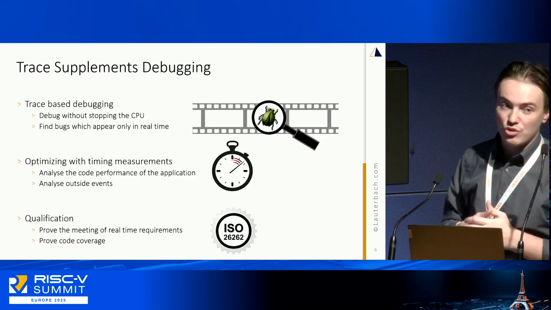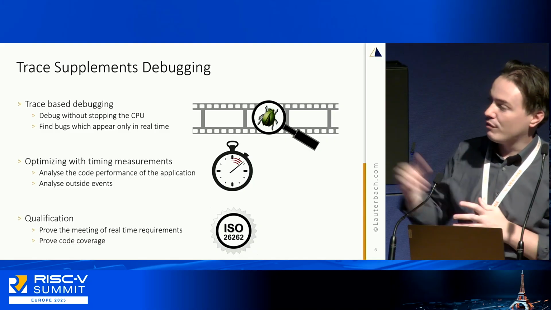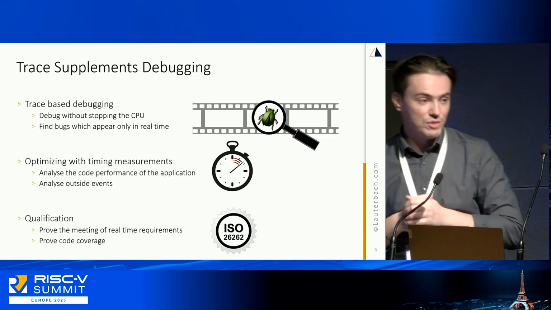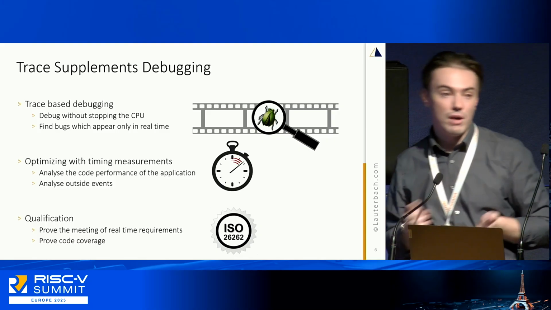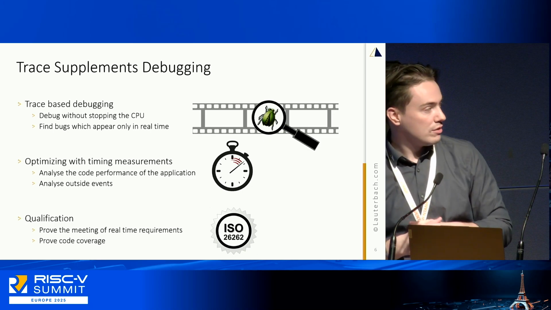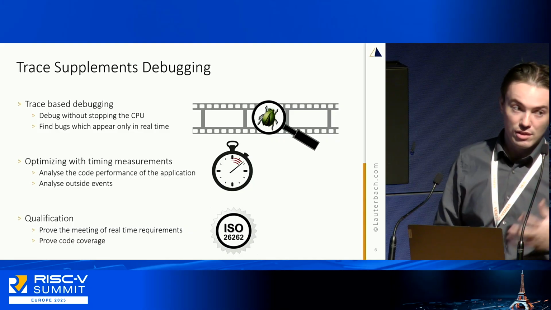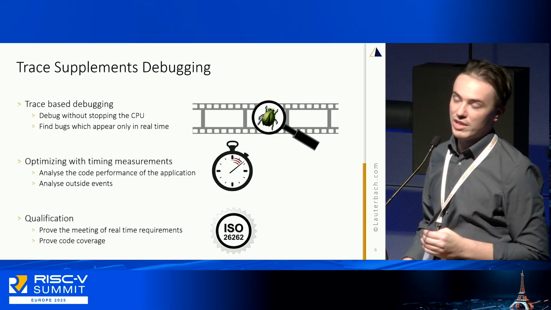And also, as you are tracing the instruction flow and sometimes the data trace, you can do code coverage measurement, from object code coverage to MCDC code coverage for safety critical applications, which is typically what is required. And all that is on target without any instrumentation.